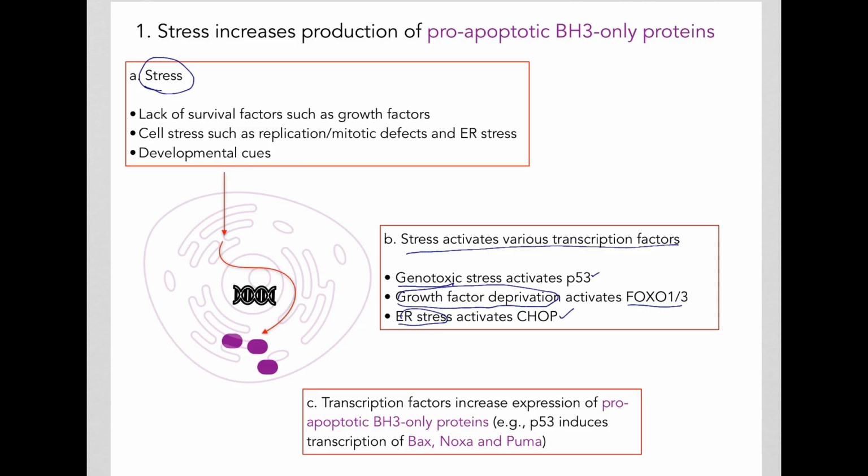And then these transcription factors will go on to increase the expression of pro-apoptotic BH3-only proteins. For example, p53 will induce the transcription of BH3-only proteins such as BAX, NOXA, as well as PUMA. So basically, stress will increase BH3-only proteins in the cell.